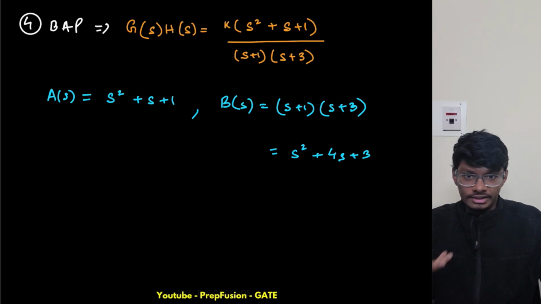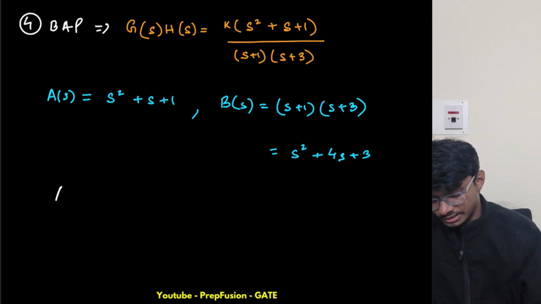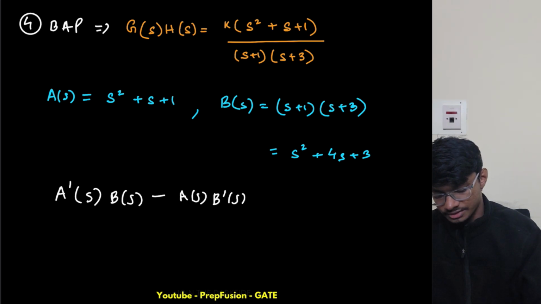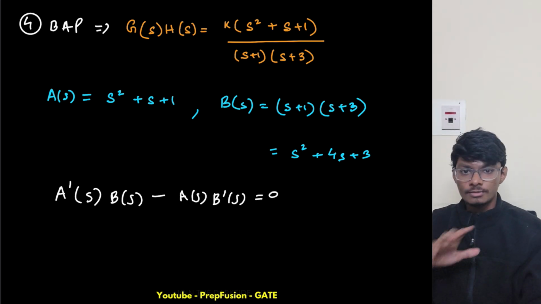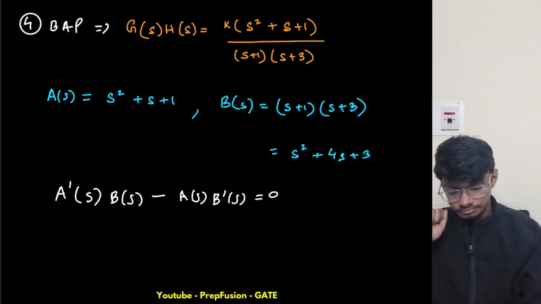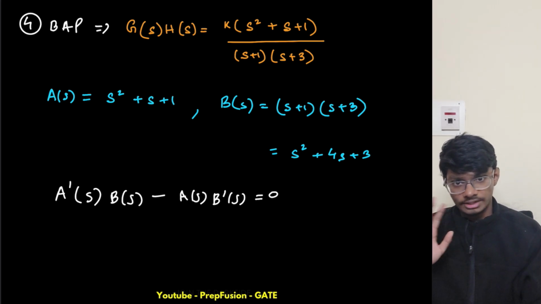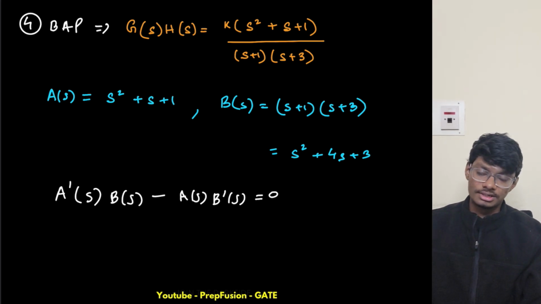So now simply to find the breakaway point, the same Sridharacharya formula we write: A dash of s into B of s minus A of s into B dash of s should be equal to 0, right? You can also do dk by ds equals 0, that also you can do. That comes to the same conclusion.